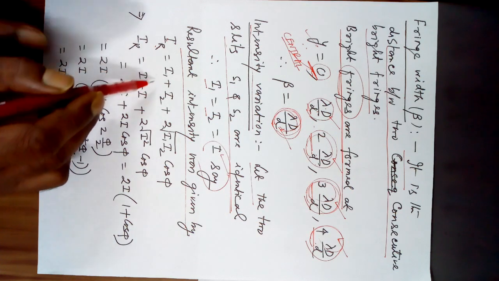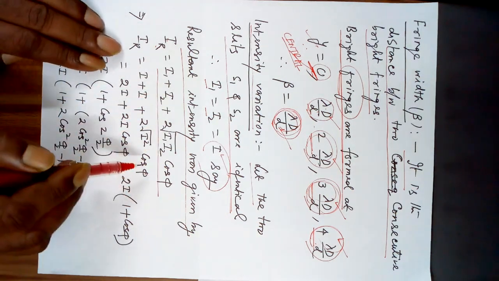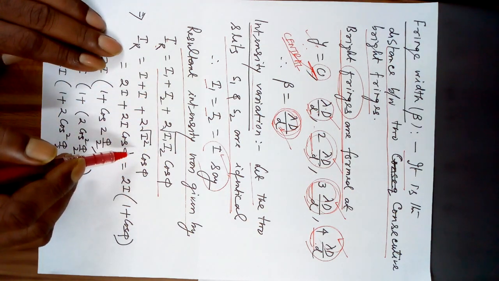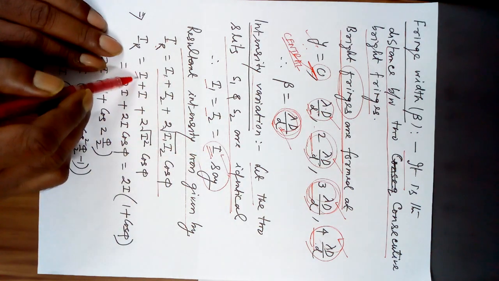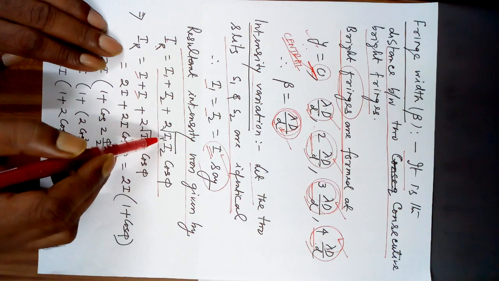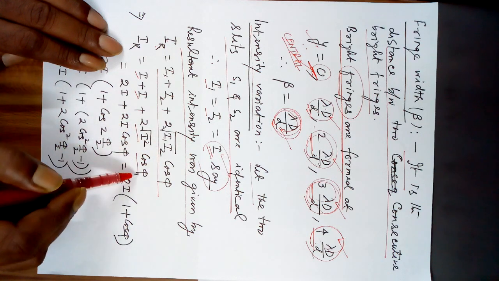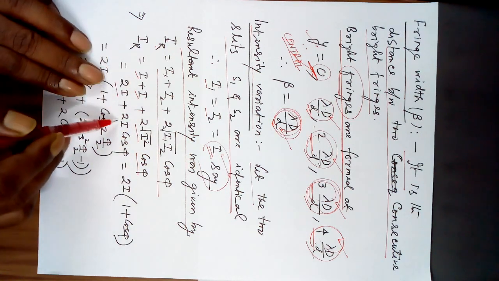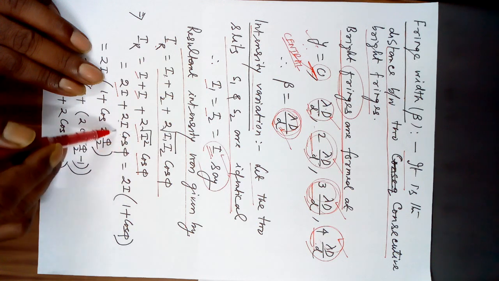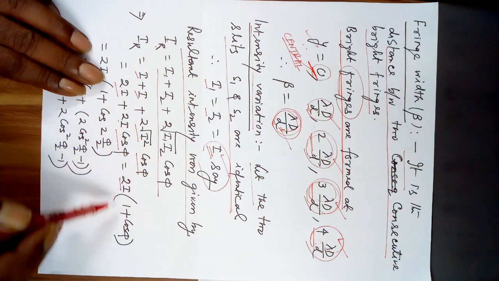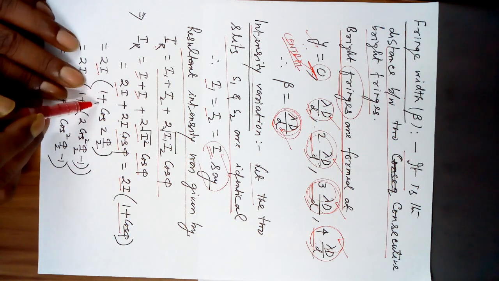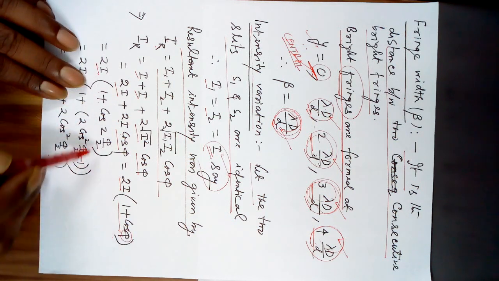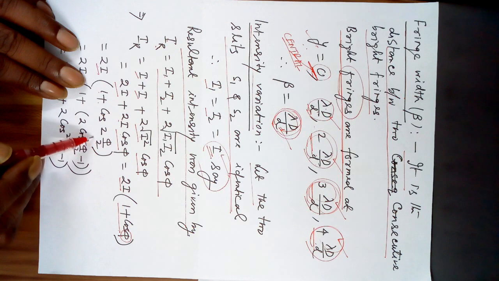Now we know the resultant intensity after superposition was given by this. If the intensities from slit S1 and S2 are equal and both equal to I, so for I1 I put I, for I2 I put I, so I1 plus I2 plus 2 root I1 I2 cos phi becomes 2I plus 2I cos phi. So I take 2I common, I am left with 1 plus cos phi. So 2I, 1 plus, I can rewrite this phi as 2 into phi by 2.